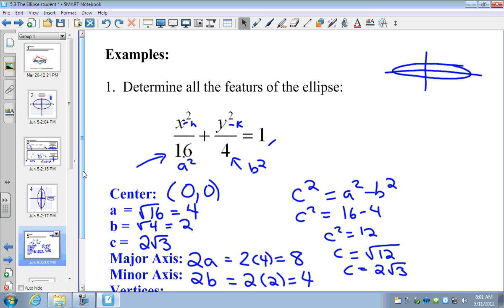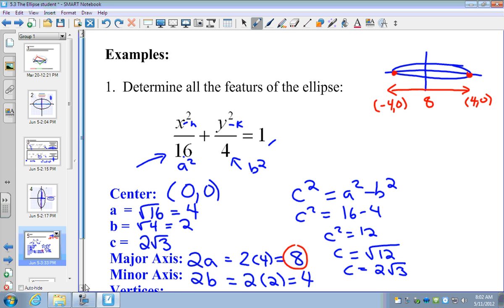My vertices are going to be here and here. And remember, the major axis was 2a, or 8 units long. By symmetry, we can tell that this is going to be 4 and 0, and this is going to be negative 4 and 0.